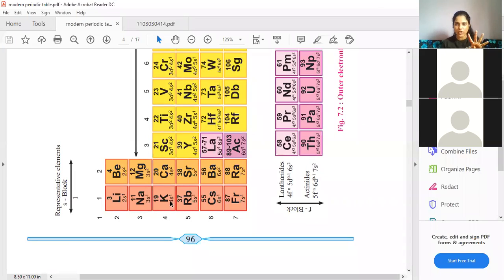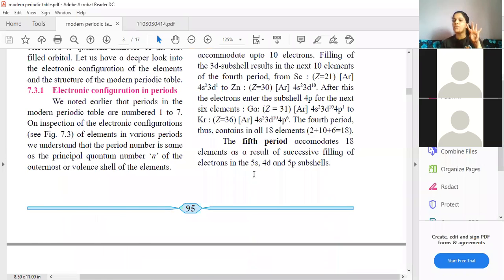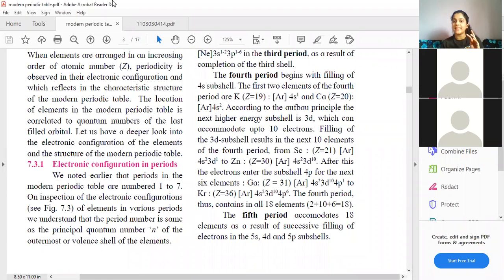This point we have already discussed last time, students, that after 4s, 3d fills. You can see this zinc configuration over here. Now zinc is part of the d block, right? If I write the entire configuration, it is 4s2 3d10. So first 4s will fill, which means we have entered the 4th period, and then 3d comes into picture.